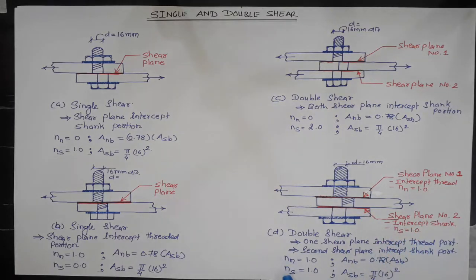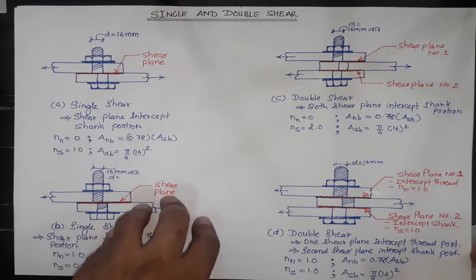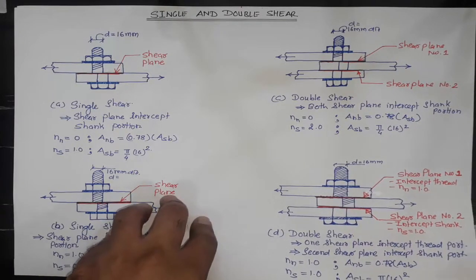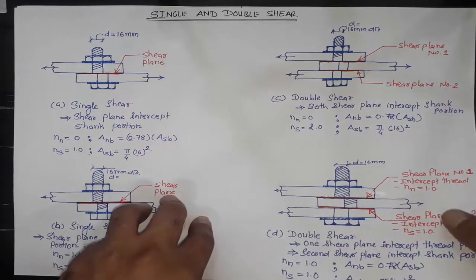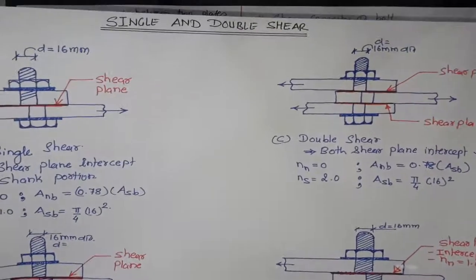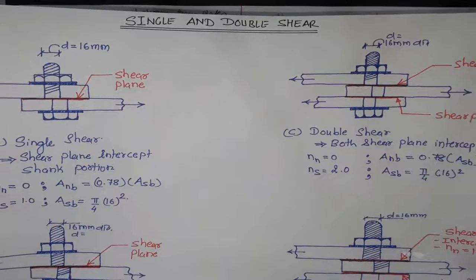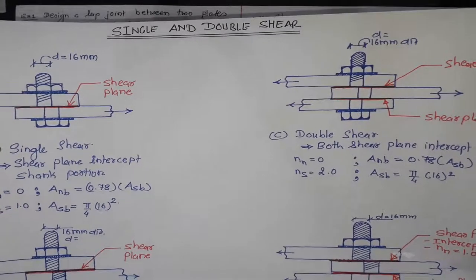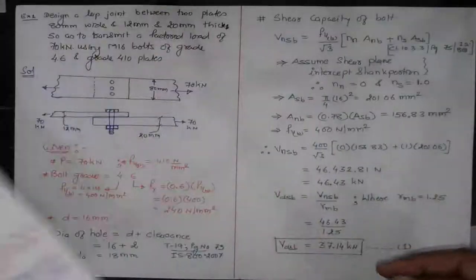Therefore NN and NS both values are 1.0, where ANB and ASB remain same. I hope you have cleared your concept about single shear, double shear, interception of shear plane, and how to derive the value of NN, NS, ANB and ASB.